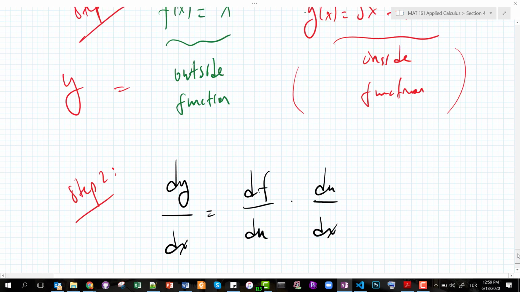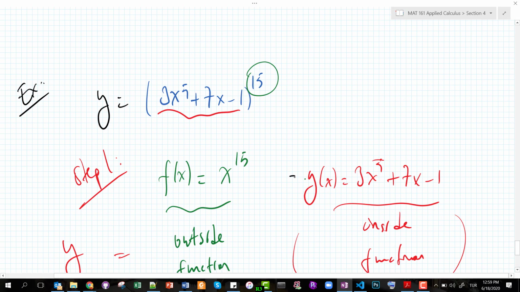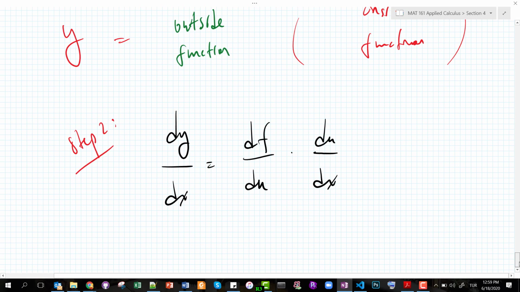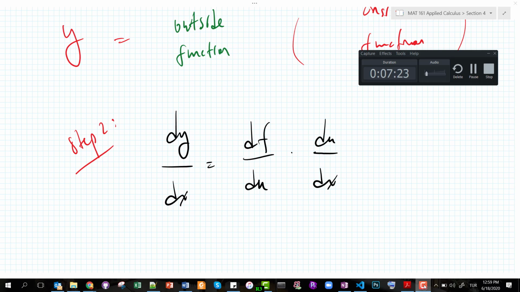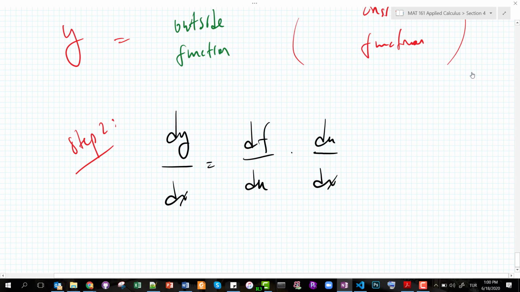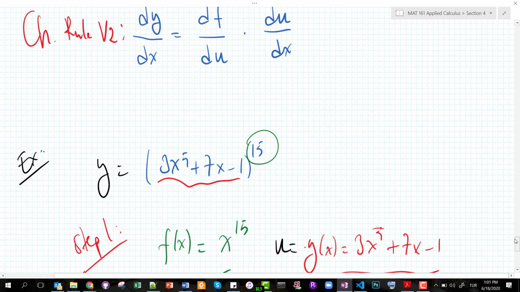Who is the u here? U is this function. Okay, so what is the f? F is equal to x to the 15, but as you see, to get y, I should be changing the x by u.